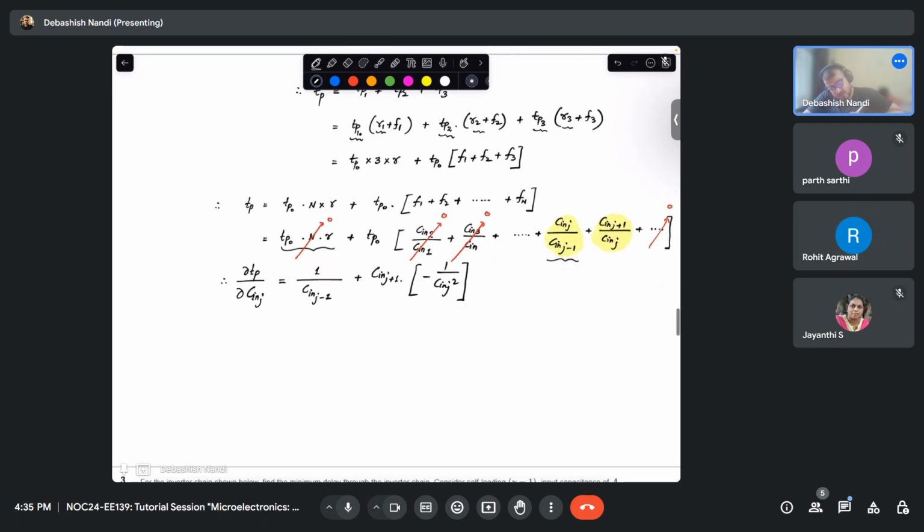Right? So when you minimize, this will become 0. Maxima or minima at that, the slope is 0, right? Yes, sir.